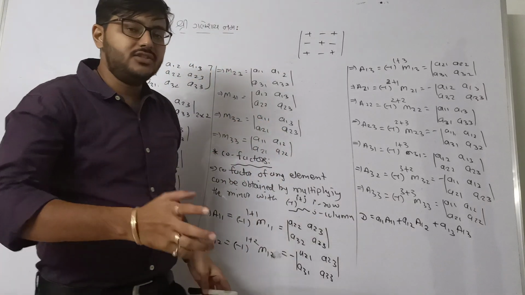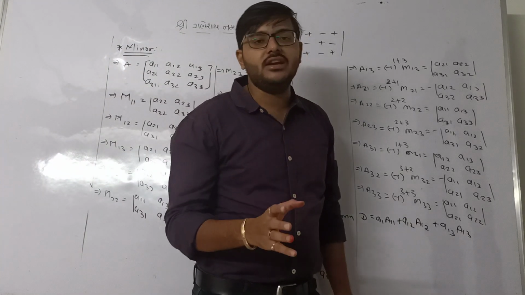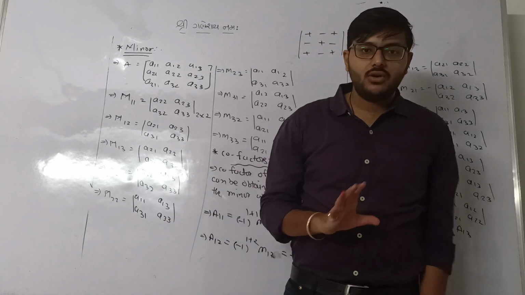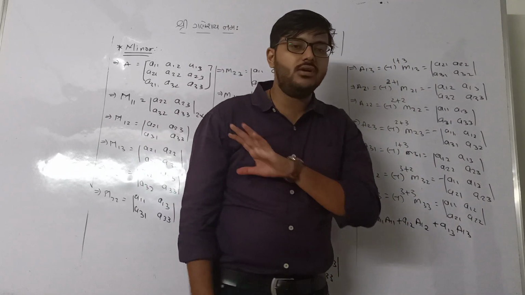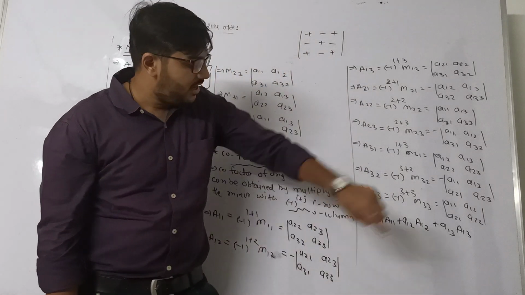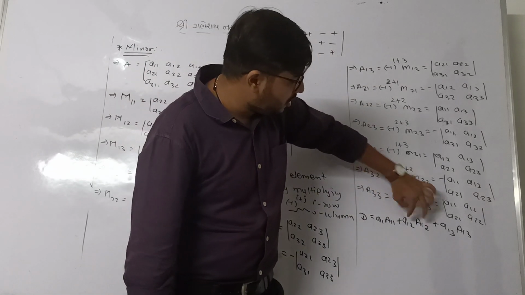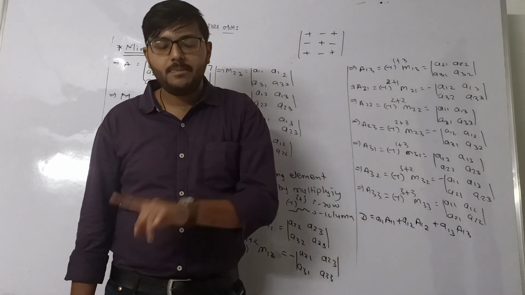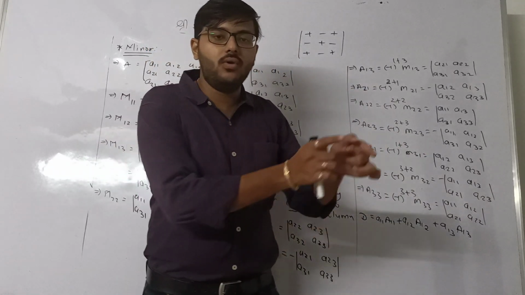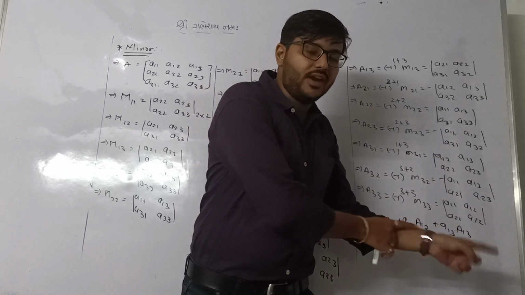Okay? So that is why we discussed that you can expand the determinant from any row or any column. The same property holds for any row or any column, but the condition is you have to get the sum of product of all the elements of any row or column with their own corresponding cofactors.